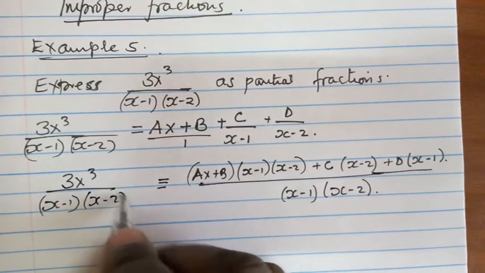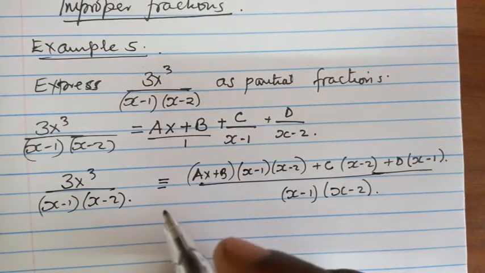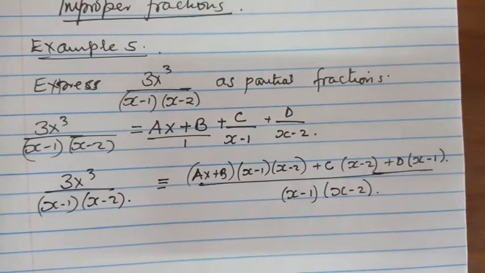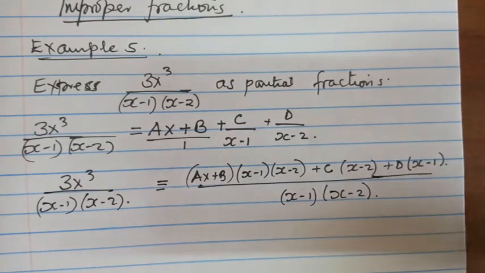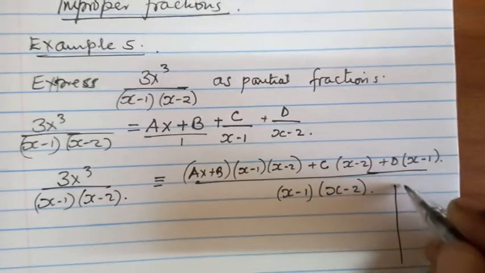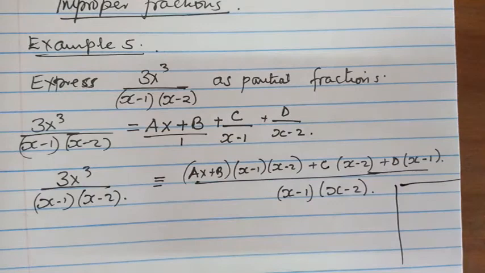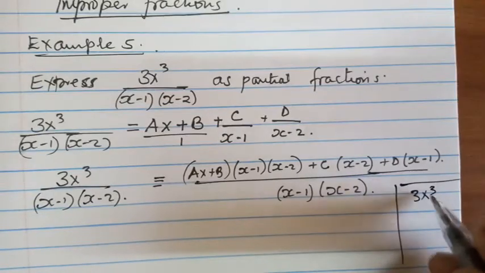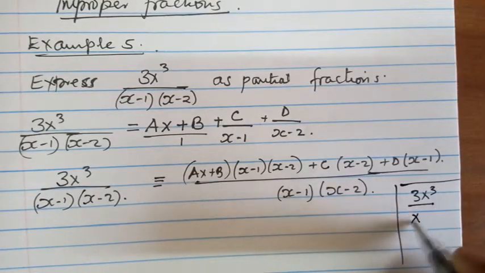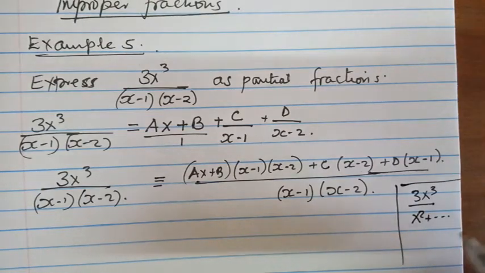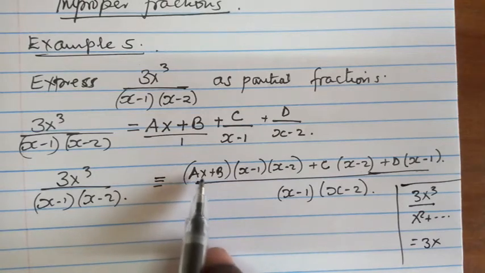At that particular point, we all know that to determine a, note that we can see somewhere at the periphery that 3x cubed all over x squared plus the rest, the very first term is going to be 3x, and this a has to assume 3.